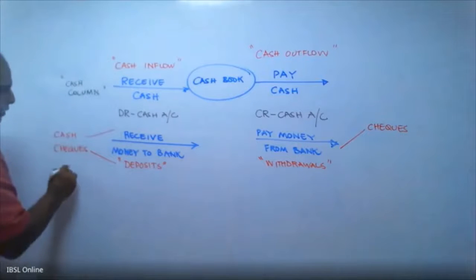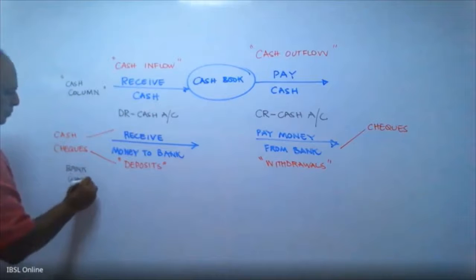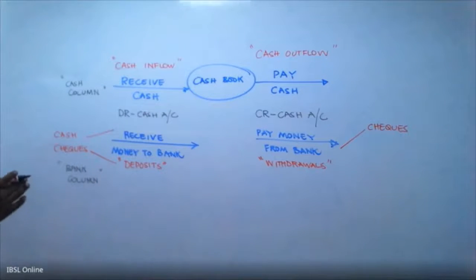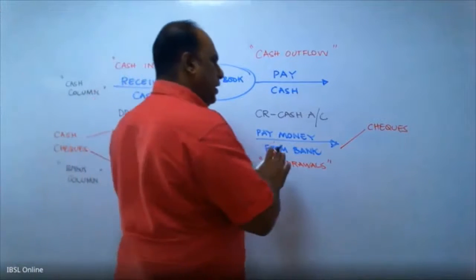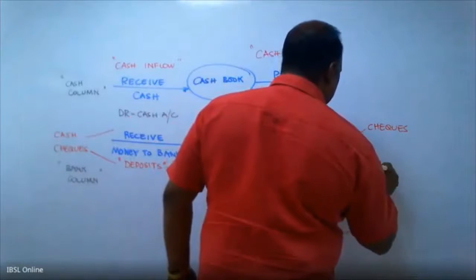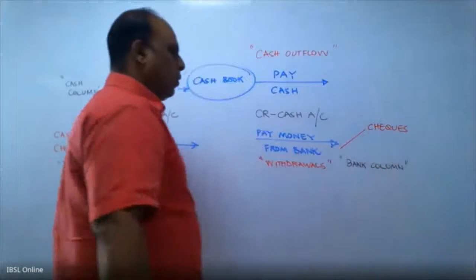This is in the bank column. That you have to remember. The debits are recorded in the bank column. Credits are recorded in the bank column. Okay.